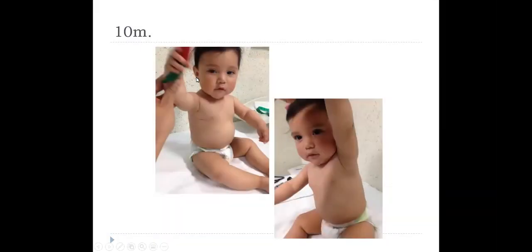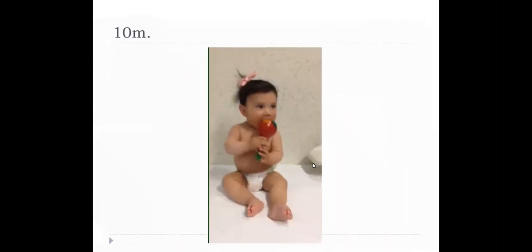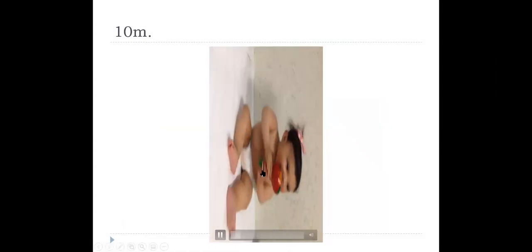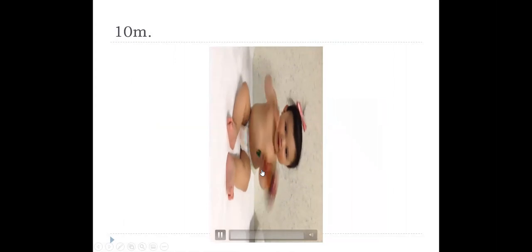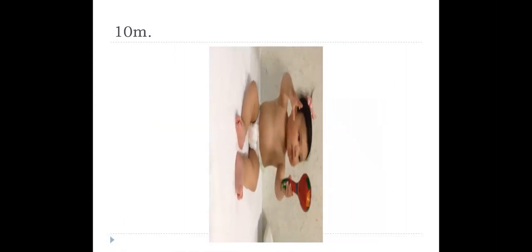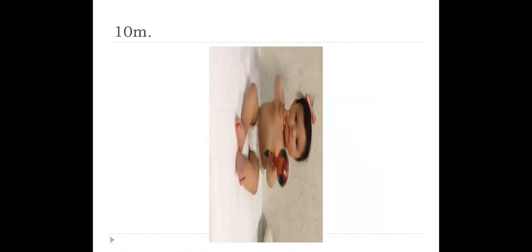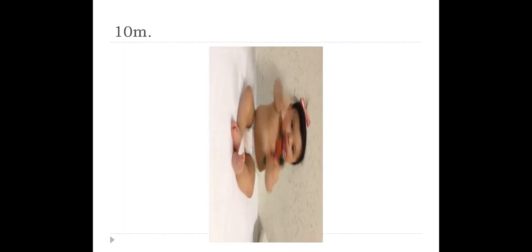This is the baby at 10 months. You can see the scar here, and he has the scar on both sides. And this is the video of the baby at 10 months.